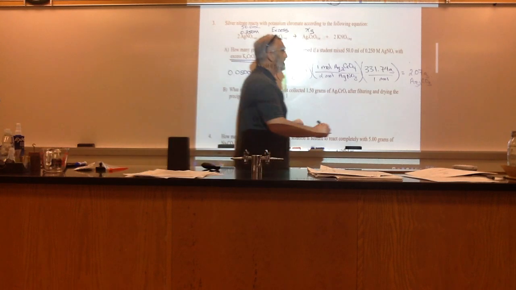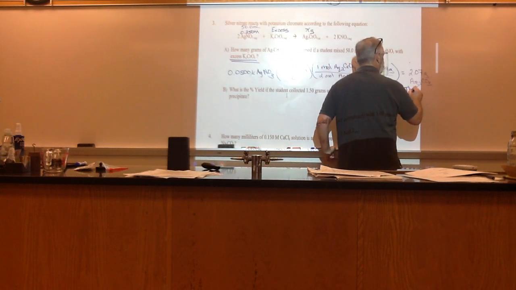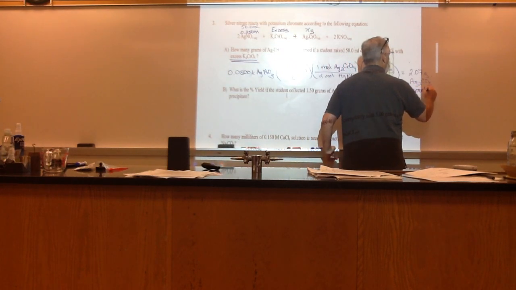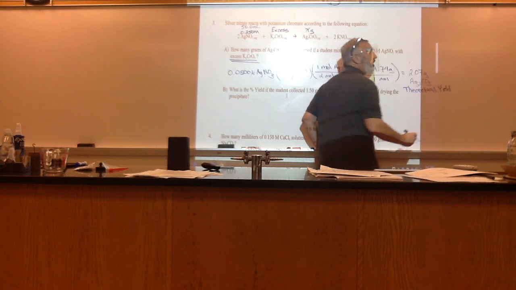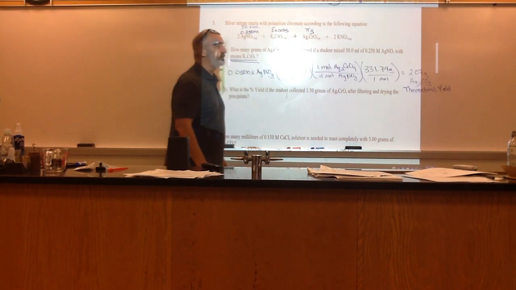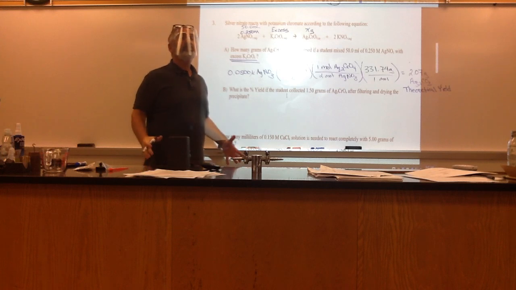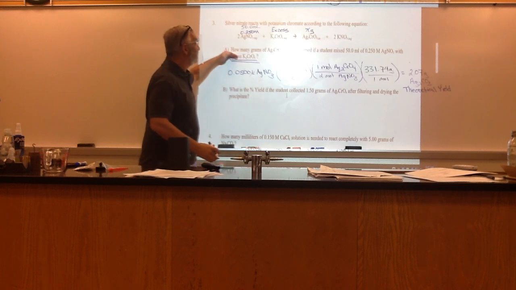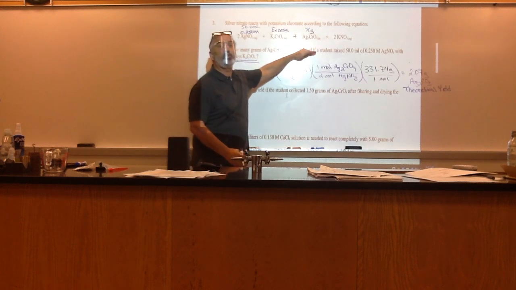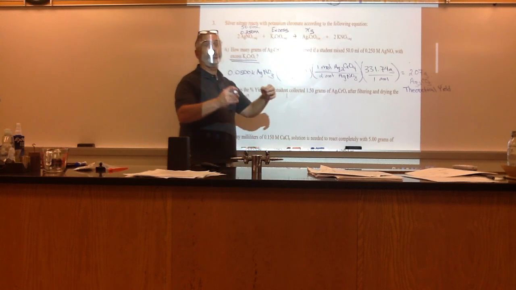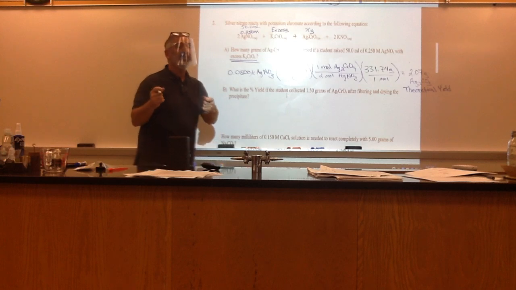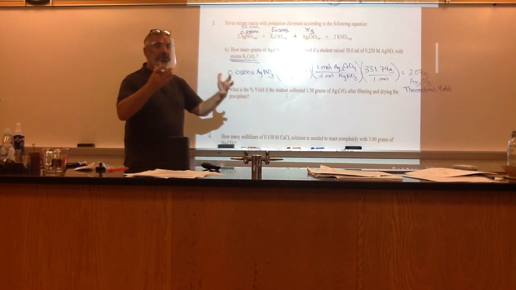This is what we call the theoretical yield. Stoichiometry always gives the theoretical yield. How much could be made? How much could be formed? That's the maximum amount, assuming you didn't lose any, you didn't spill any, none stayed dissolved in the water.